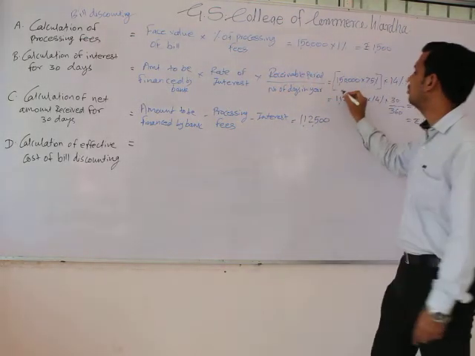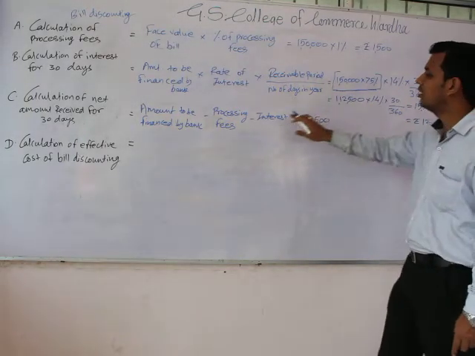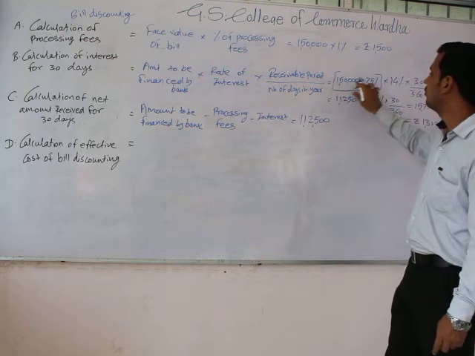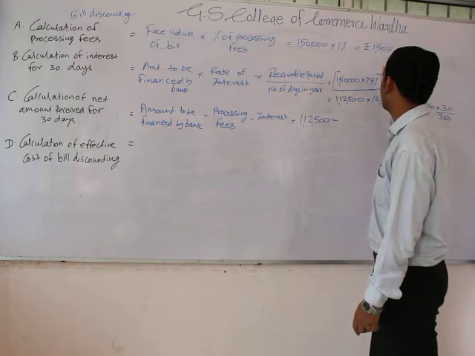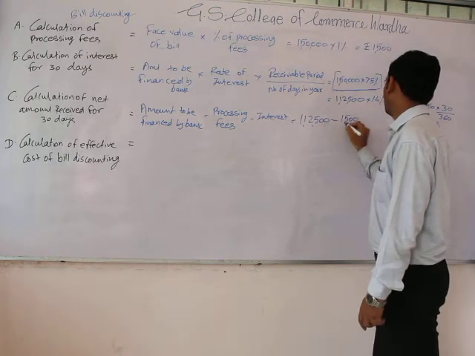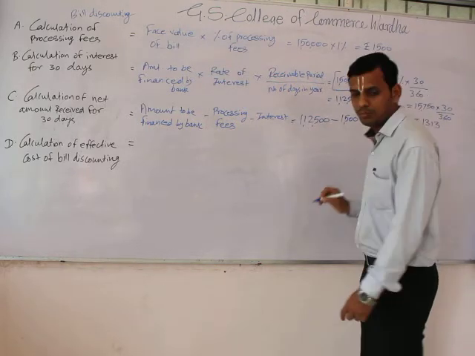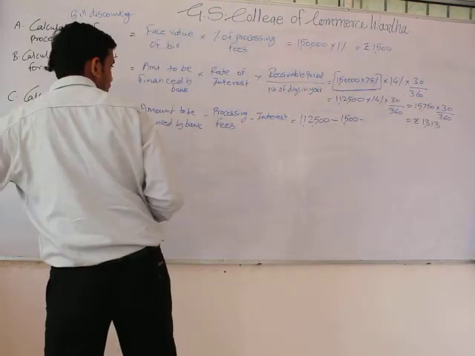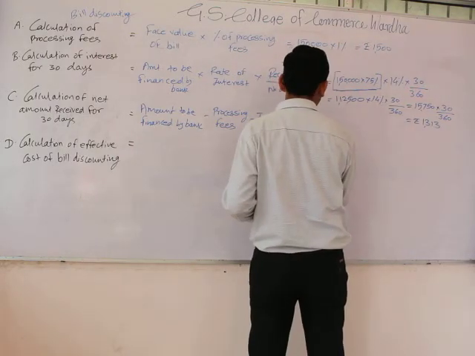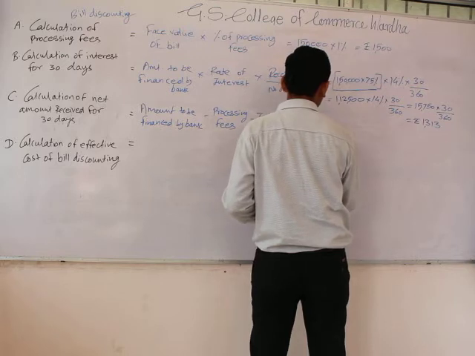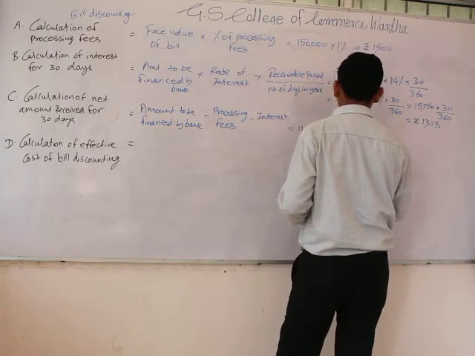We have calculated in this step how we have calculated the amount to be financed, that is 1,50,000 into 75%, it was 1,12,500, minus processing fees of rupees 1,500, minus interest of rupees 1,313.